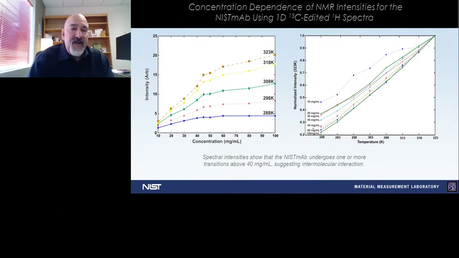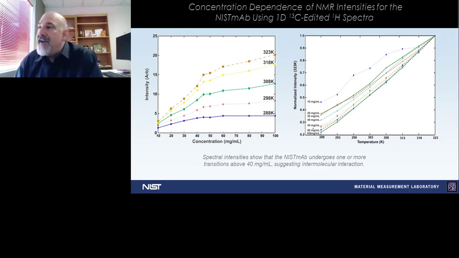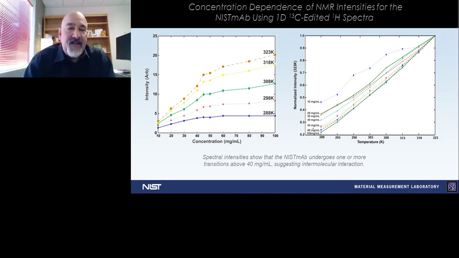Another study that we can do by NMR is to measure a degree of molecular interaction. The curve that you see on the left-hand side is an intensity curve with respect to increasing concentration of our monoclonal antibody. And we would expect in an NMR spectrum that as concentration gets higher and higher, the intensity of the peaks gets proportionally higher.